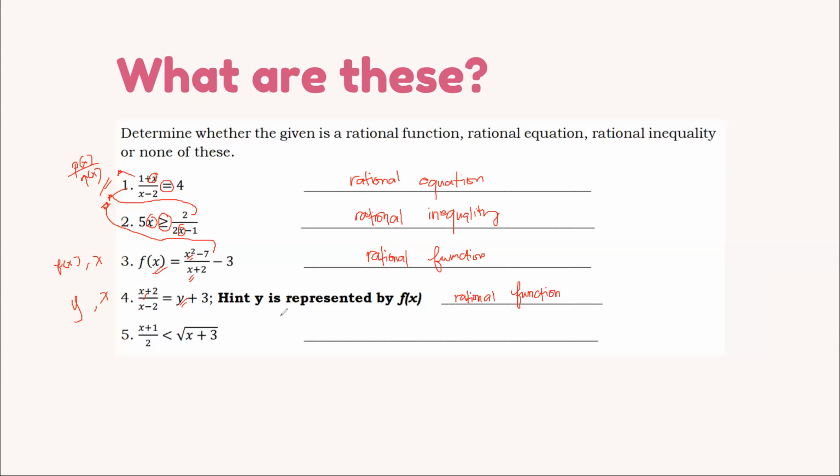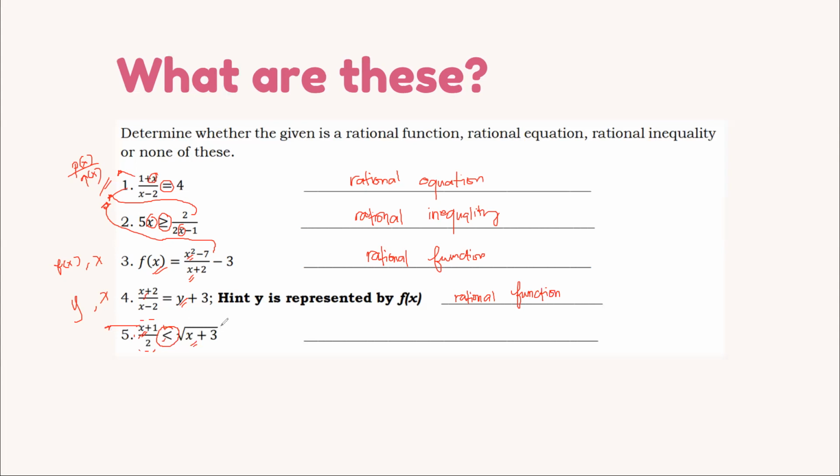What about this last one? It's a very questionable kind of piece. How many variables are involved? We only have x, right? What type of sign is involved? We have a less than sign. The left side is in the rational expression format.